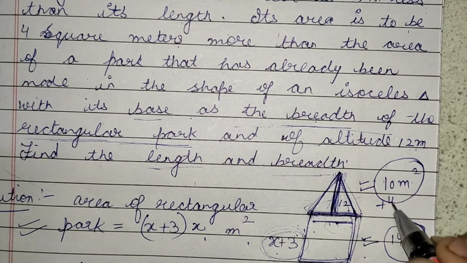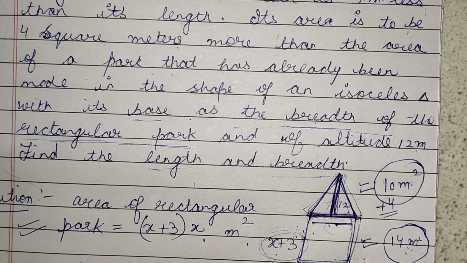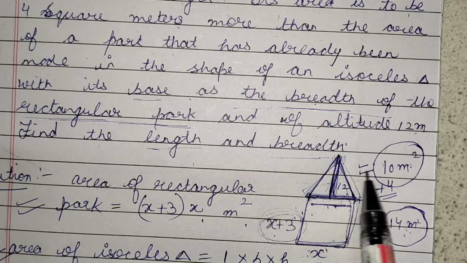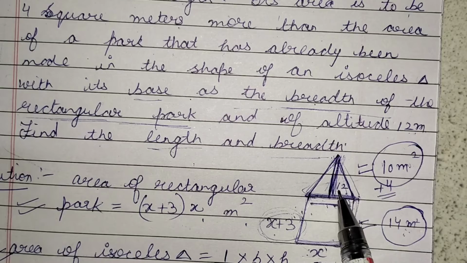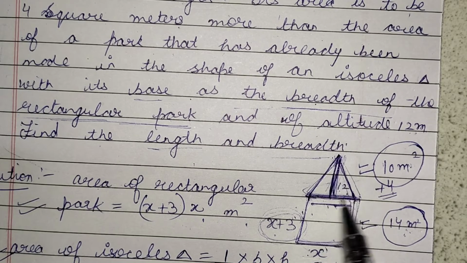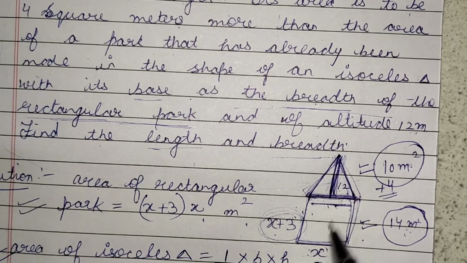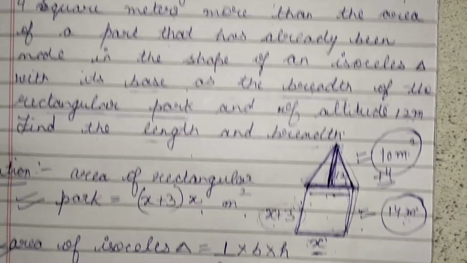If I add 4 here, then both the areas will become equal. So I will find the area of the rectangular park, the area of the isosceles triangle, and add 4 to the area of the isosceles triangle, so that both areas become equal to each other.